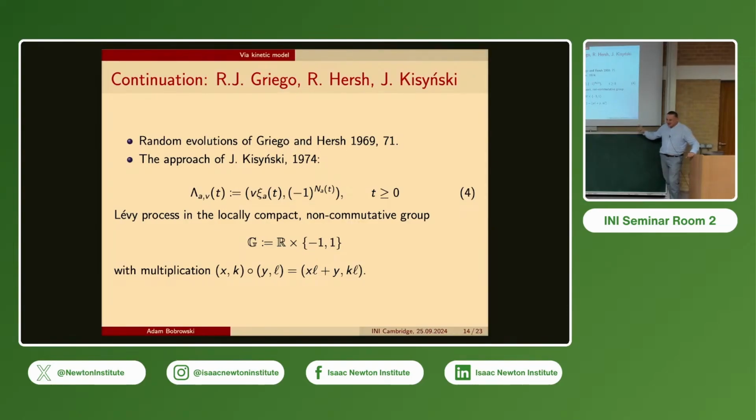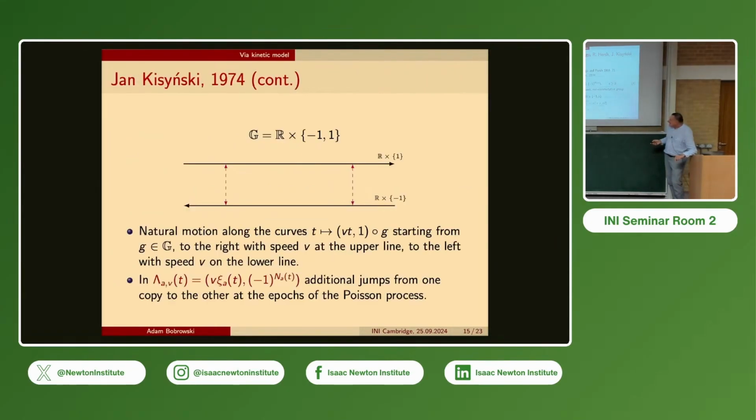This is amazing. It is a Lévy process, but you need to take increments in the sense of the group. Without this coordinate it is a Markov process, but not a Lévy process. So let's look at this group. It looks like this: you have an upper line and a lower line, and this process is moving along.